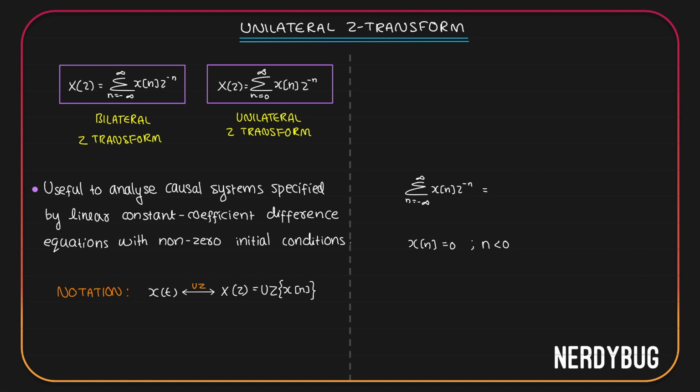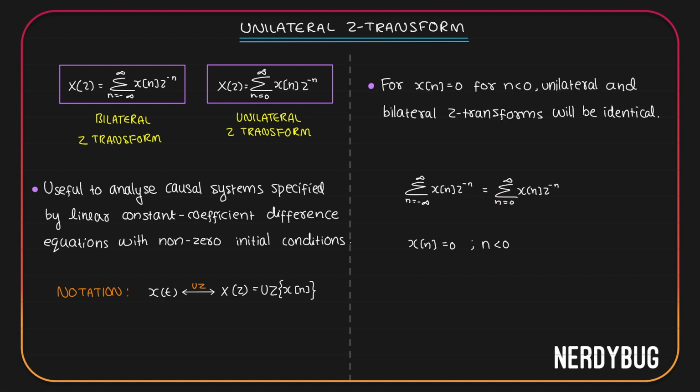So this is equal to the summation from n equals 0 to infinity of x[n] z^(-n). But this is the unilateral Z transform. So we can say if x[n] is equal to 0 for all values of n less than 0, the unilateral and bilateral Z transforms will be identical.